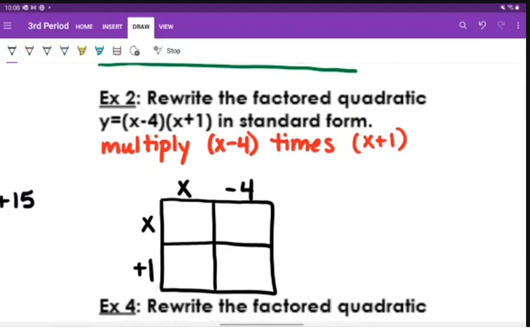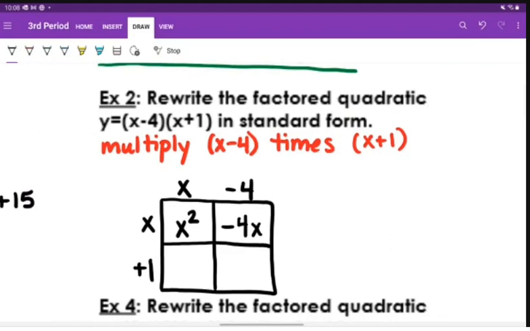All right, on the top left, we have x times x. As we discussed in our last example, x times x gives us x squared. On the top right, we have -4 times x. -4 times x gives us -4x. It's as easy as that.